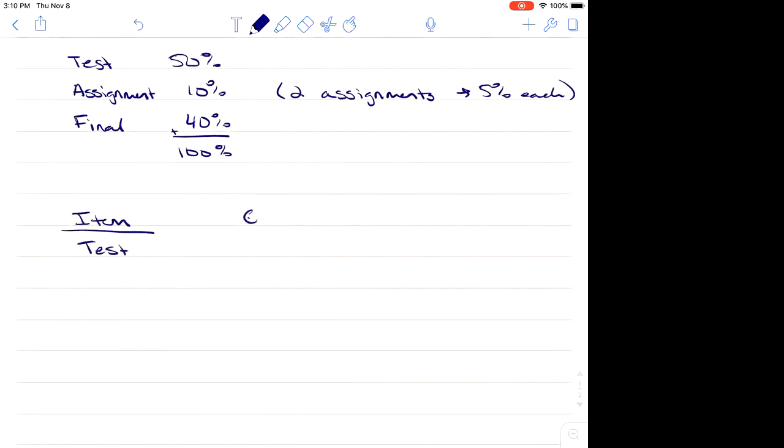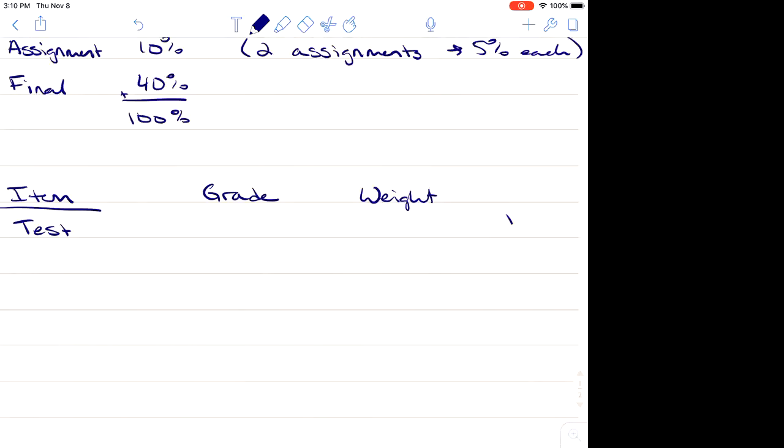So let's say your test, and let's say what your grade was. And then you need to know the weight. And then you can find the total. One of the grades and the weights has to be a percentage, and the other one has to be a decimal.